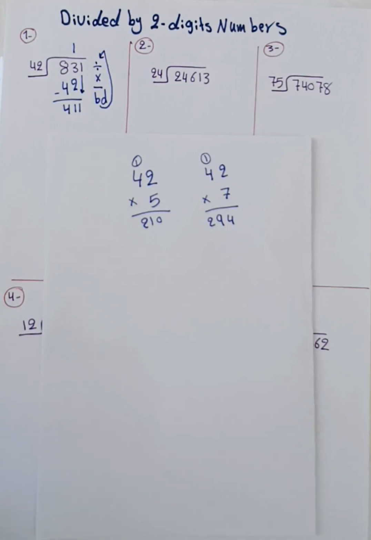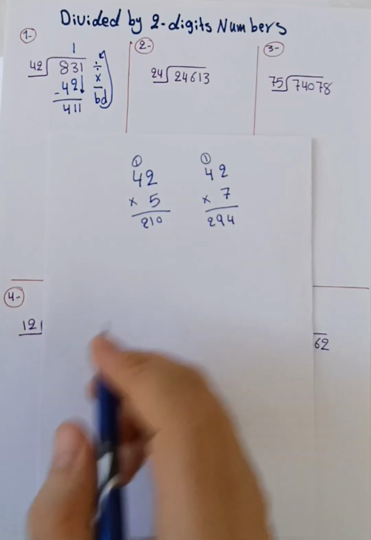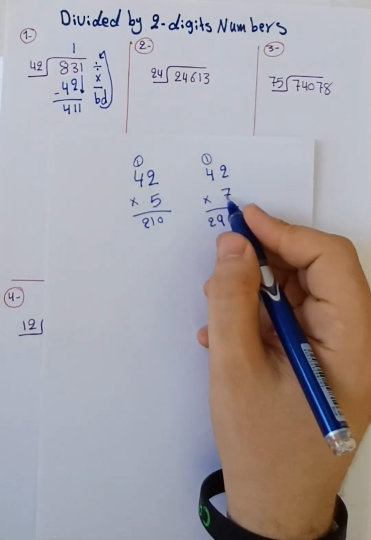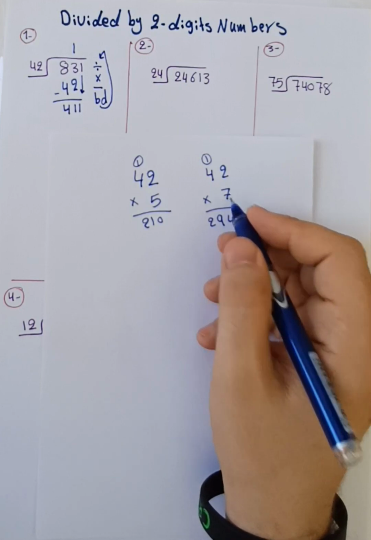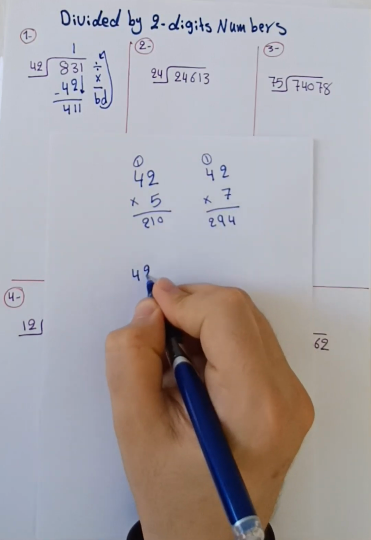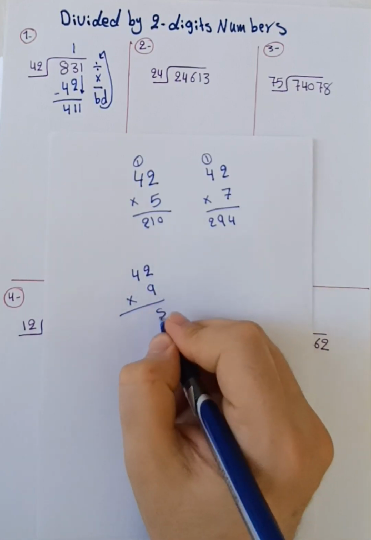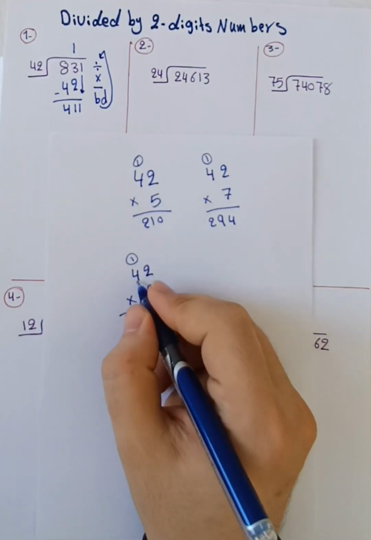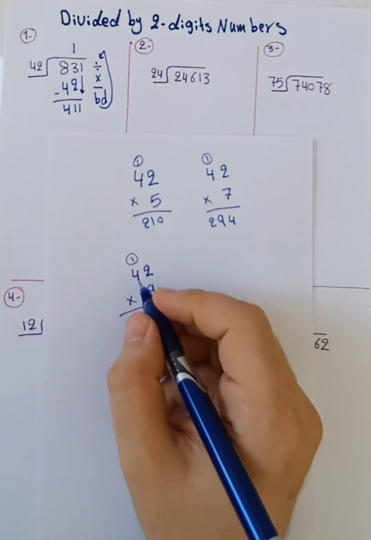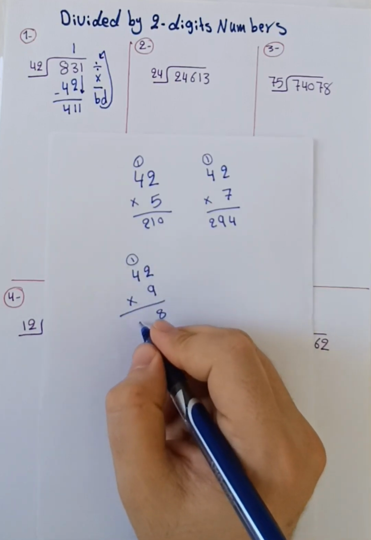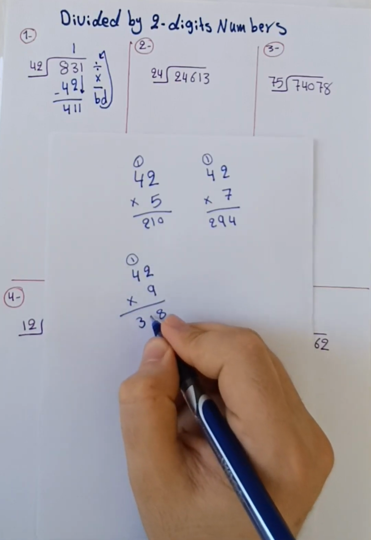Again, this number is really smaller than 411, so I'm going to try 9. 42 times 9. 9 times 2 is 18. 9 times 4 is 36 plus 1 equals 37.